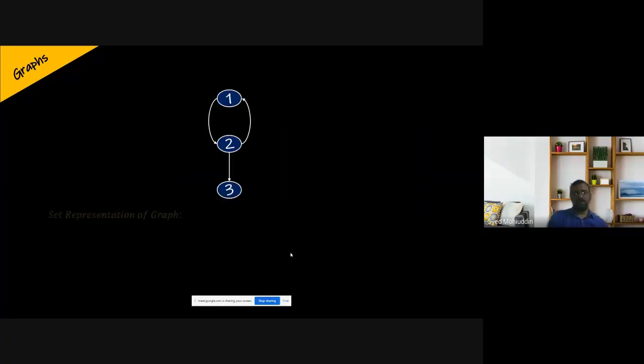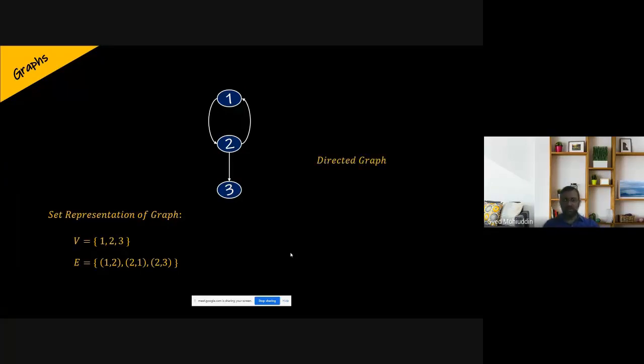Now let us look at this graph. In this graph, there are 3 vertices, 1 to 3, and there is an edge 1 to 2. In this example, what we find is that the edges have some direction. There is an arrow on the edge. When edges have direction, that means edges have orientation.